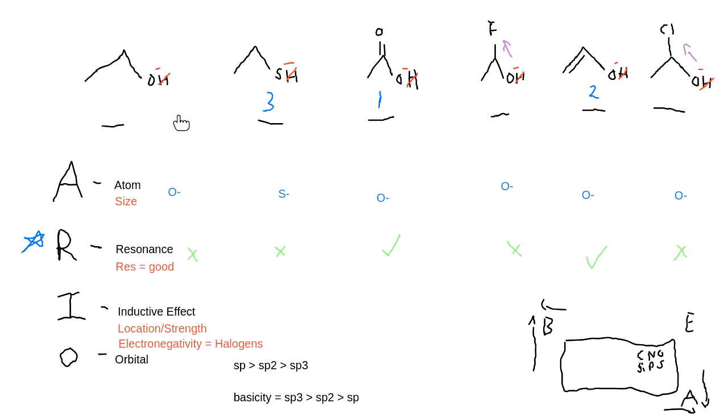Okay. Now, between our two inductive effect molecules, I talked about location versus strength. In this case, they're both located on the same carbon, so we are comparing strengths in this particular example.